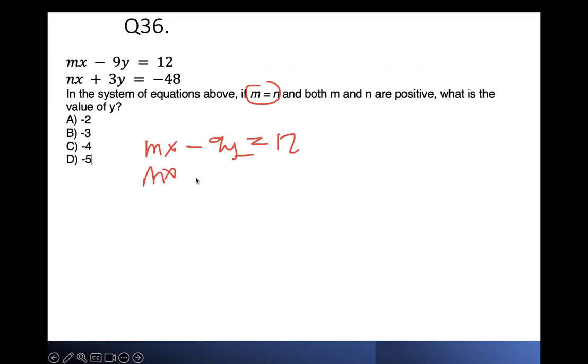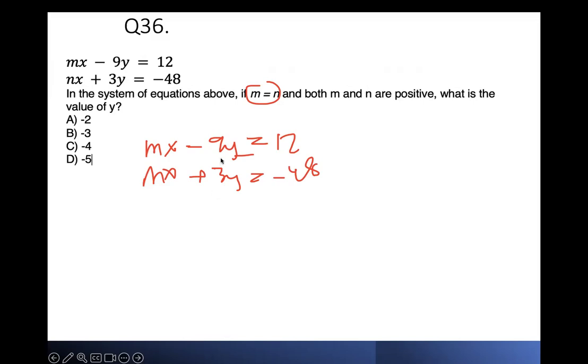This is the same as m plus 3y is equal to what? Minus 48. And then you're done. They say find y. Why would you do anything other than let these two subtract from each other? Let them subtract each other, and what will you be left with?